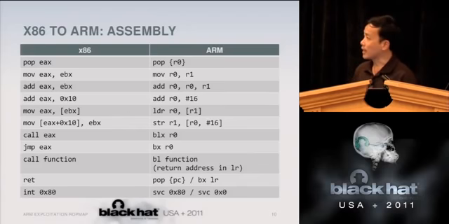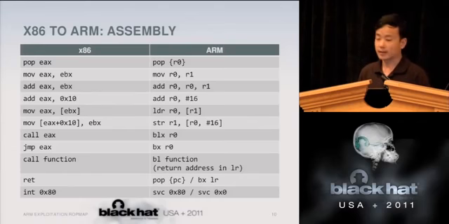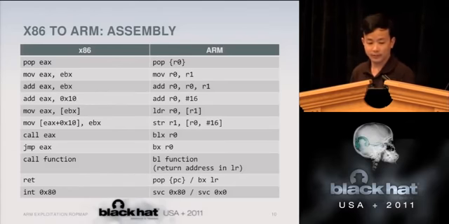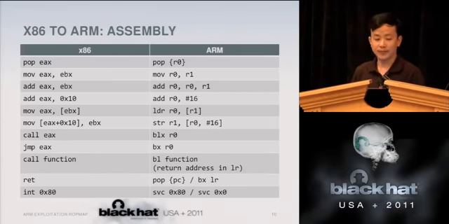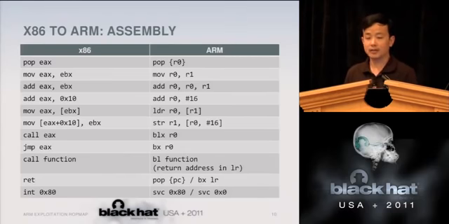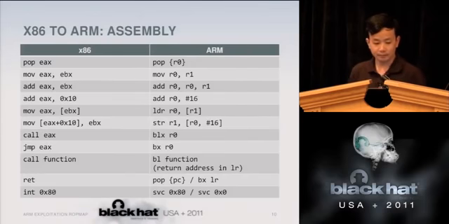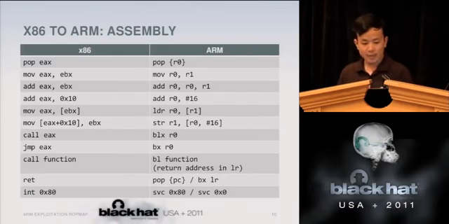For data movement, we have the move instruction, the same in both architectures, like moving from a register to another register. For arithmetic operations, we have the same instructions, add and sub, like adding a value to a register or subtracting a register from a register. For memory access, they are a bit different.